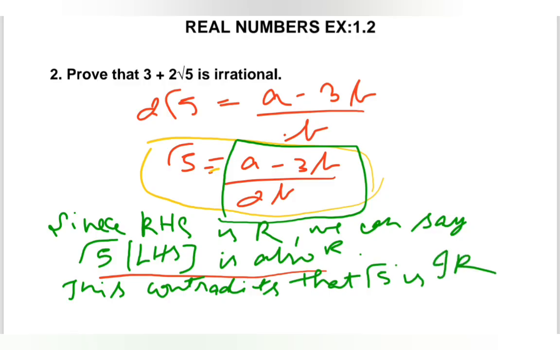Yes or no? Contradiction means opposite saying. So we are concluding that our assumption is wrong.